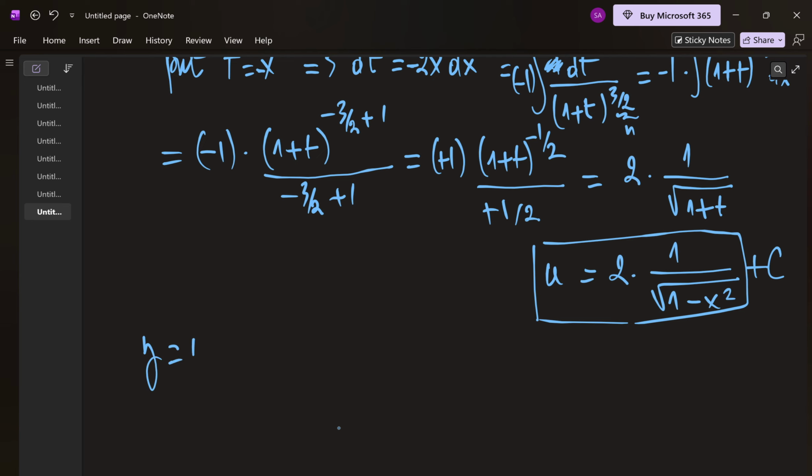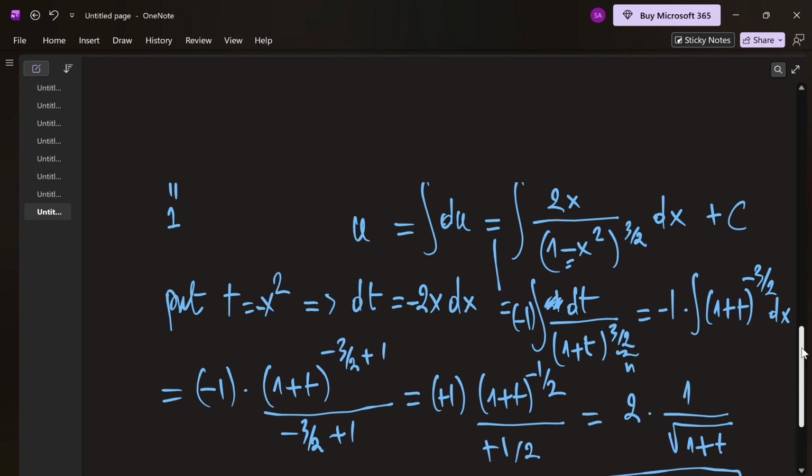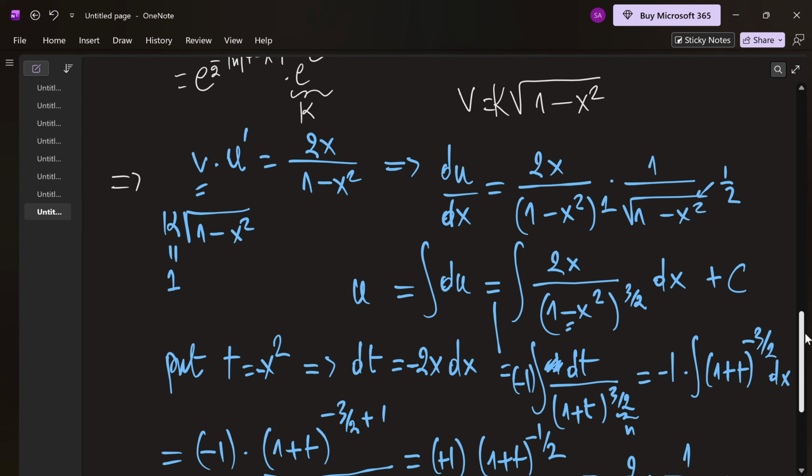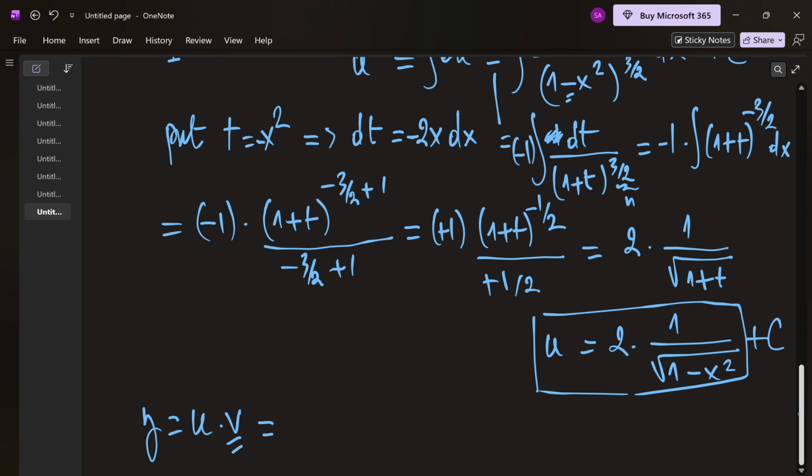y is equal to u times v. So v is equal to the square root of 1 minus x squared, times now the function u, which is 2 times 1 over the square root of 1 minus x squared plus a constant c.